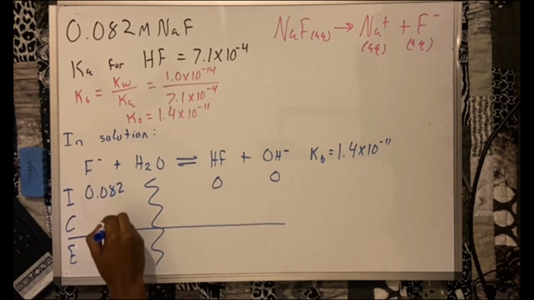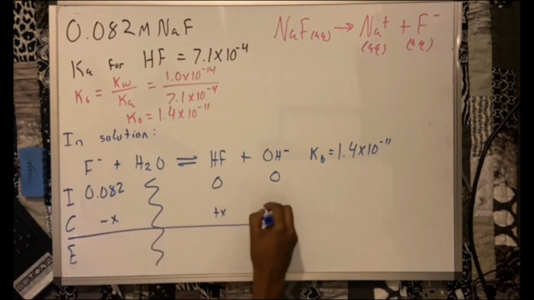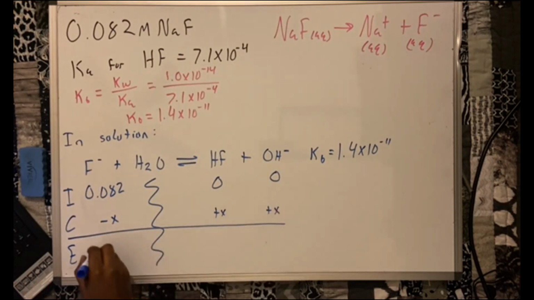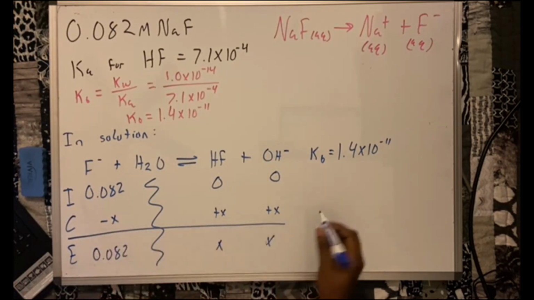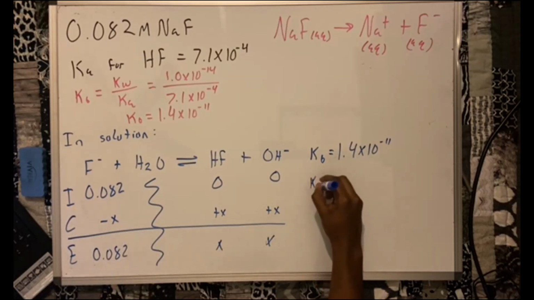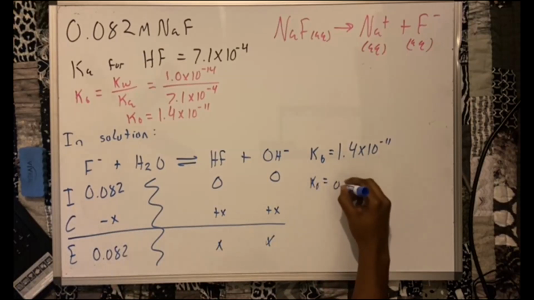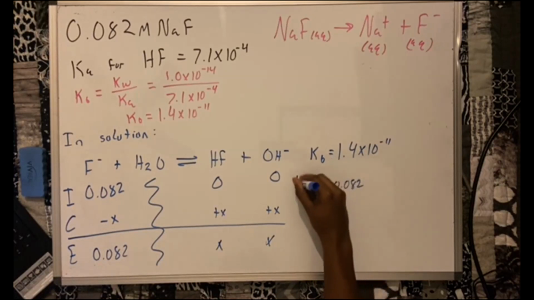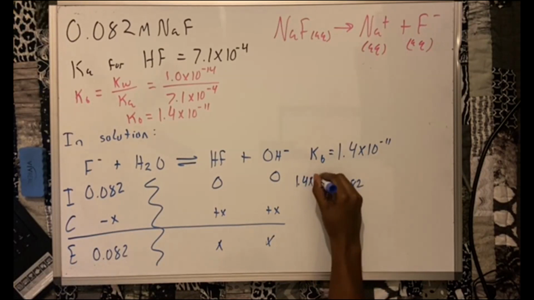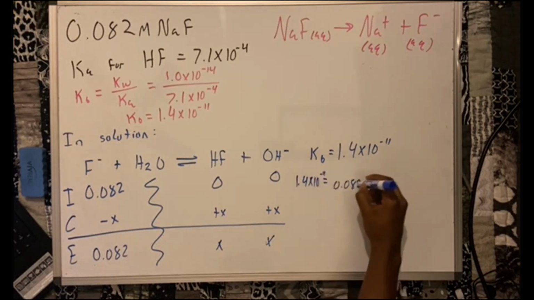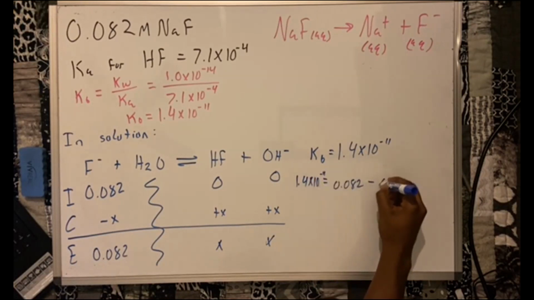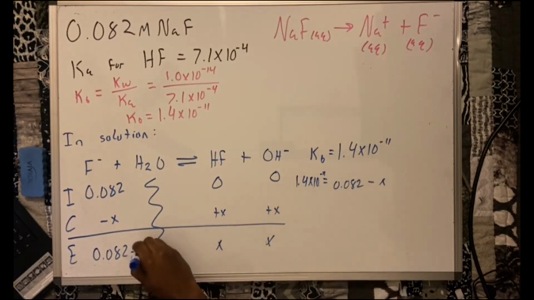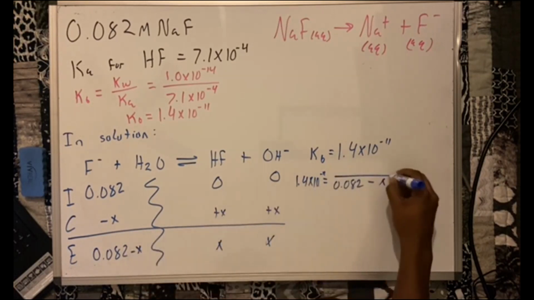So minus x, plus x, plus x, and we get 0.082 minus x. Now we get Kb equals 1.4 times 10 to the negative 11, which is x squared over 0.082 minus x.